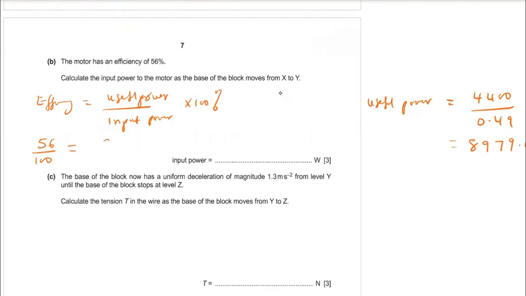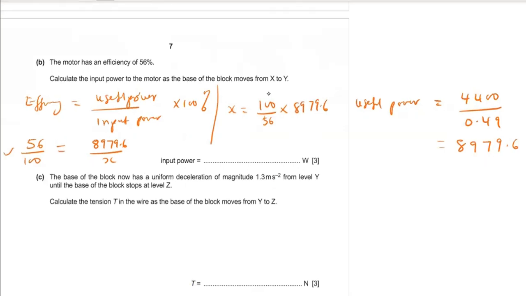So therefore we have 8979.6 divided by the value x times 100%. We already have it this side here, and therefore x, which is the input power, will be 100 over 56 times 8979.6. That will give me, to two significant figures, 16,000 watts of the input power.